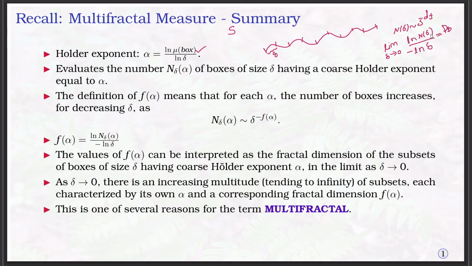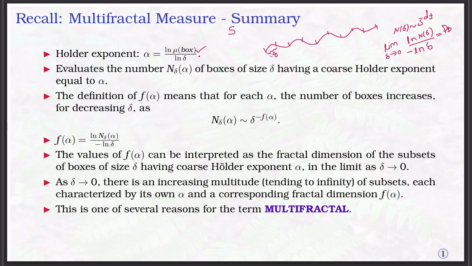More precisely, the minimum number of boxes, whenever we take the minimum, it will give the exact cover of the set. By taking this minimum, one can get the box counting dimension.